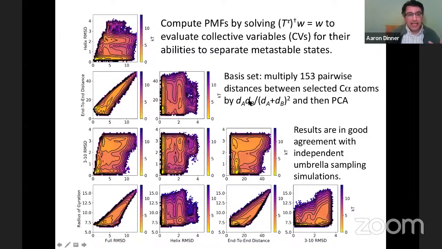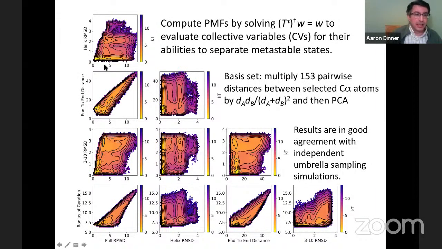Once we do that, we can then make free energy estimates for all of the states in our database, 6 million states in this 153-dimensional space. And then we can project it down to different pairs of order parameters or collective variables to see which ones tell us the most. So here I'm just testing, I think it's 5 different order parameters.